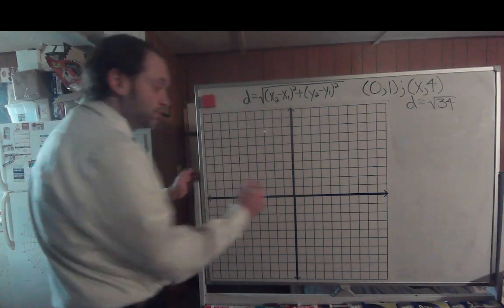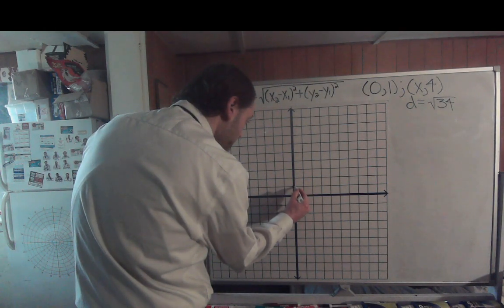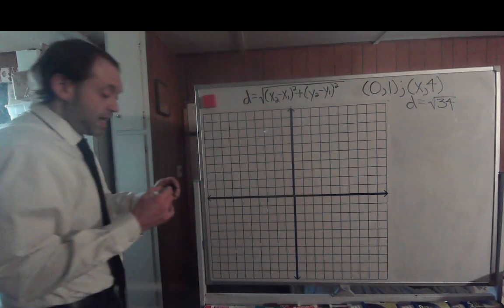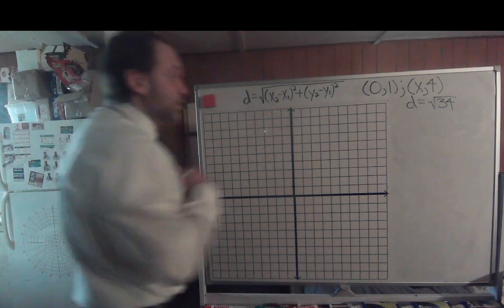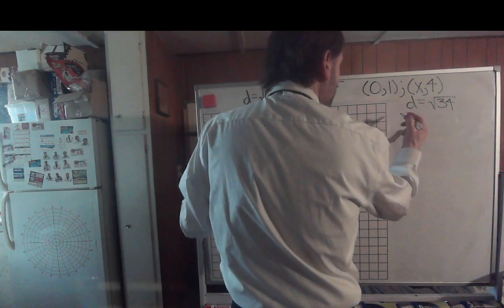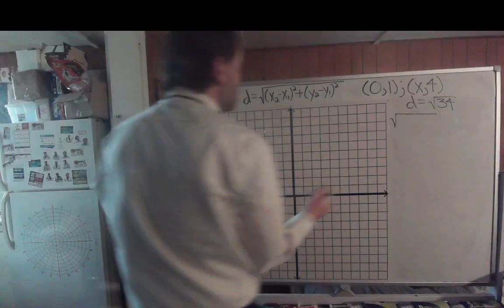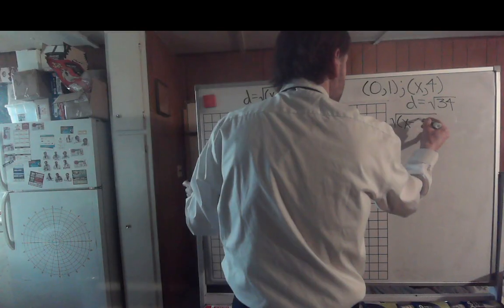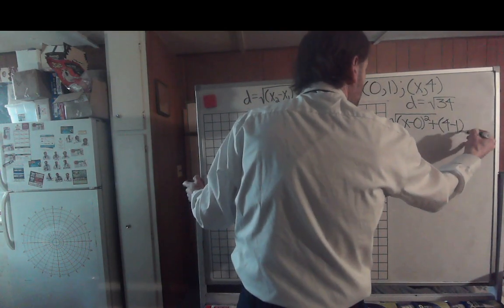Well, I think it's helpful to plot 0, 1, just so I can graphically show you what's going on. Alright, now, the distance here. So we know the distance formula, of course, is the square root of our x2, which would be x minus the 0 squared plus that y2 of 4 minus 1 squared.